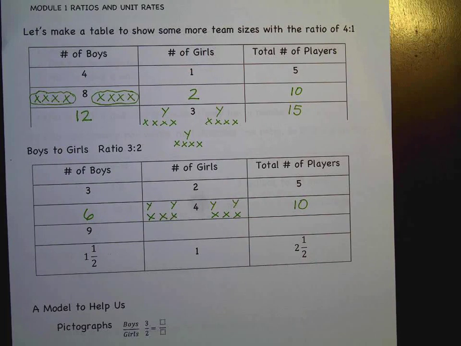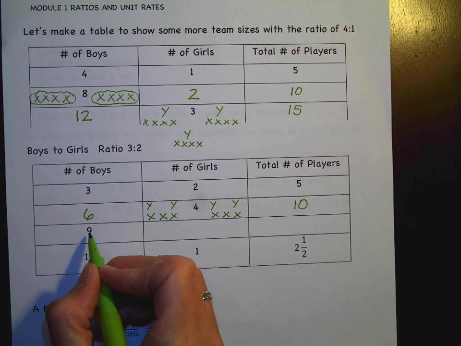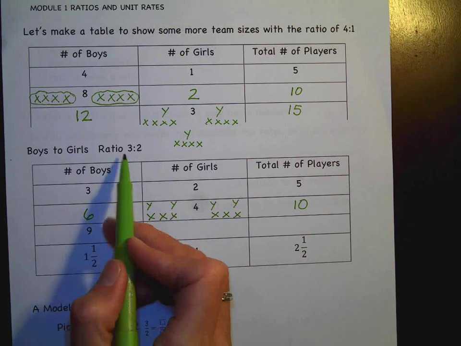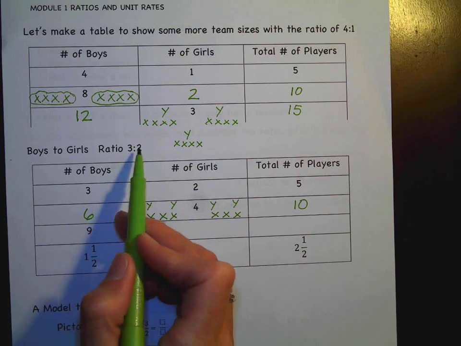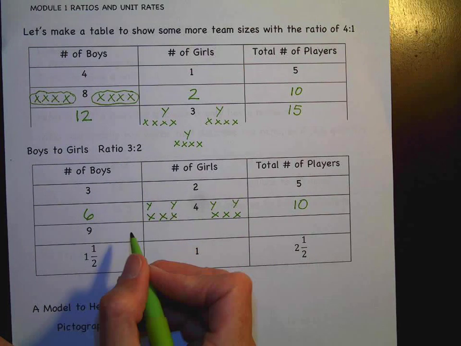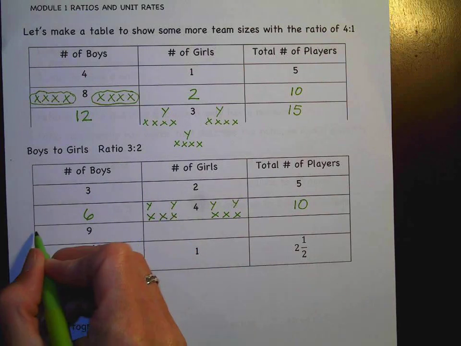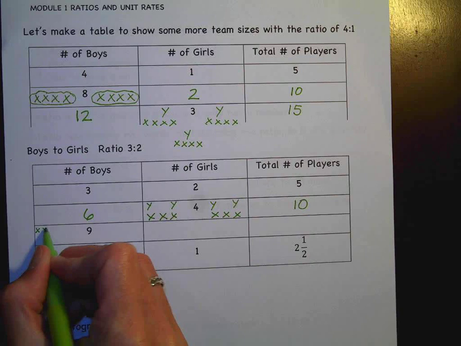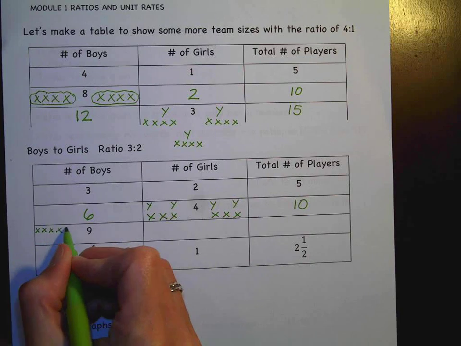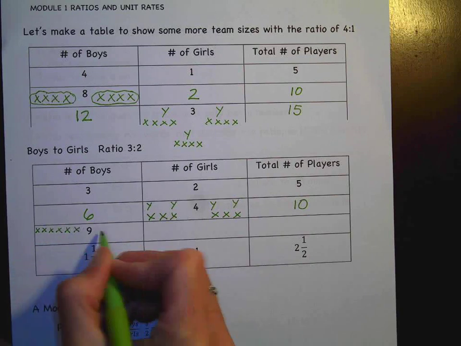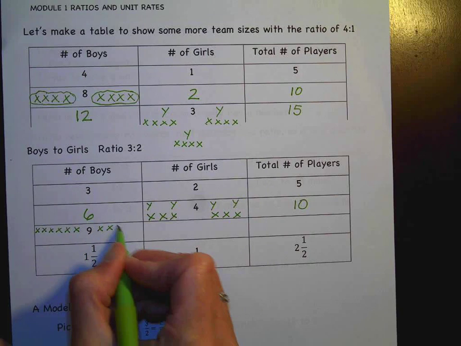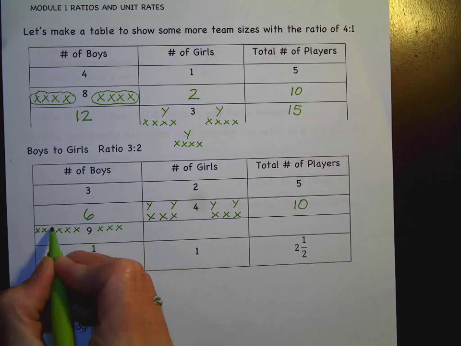Is this making sense to you? I sure hope so. Okay, so what if we have 9? 9 boys this time. Remember, every 3 boys, there's 2 girls. So let's see. We have 1, 2, 3, 4, 5, 6, 7, 8, 9.